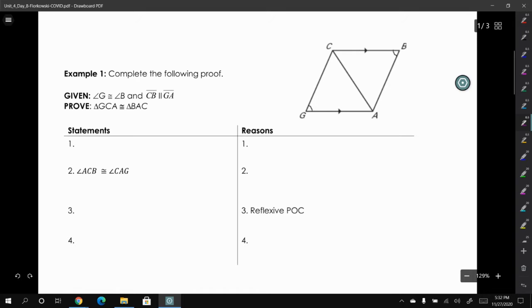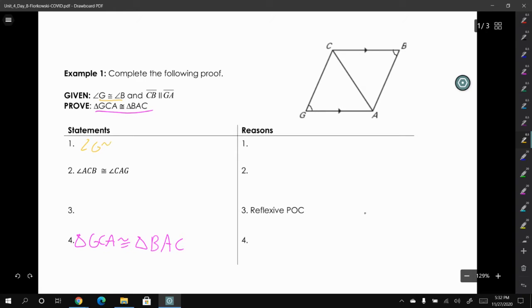So the first proof is we're trying to prove that triangle GCA is congruent to triangle BAC. So remember, that's going to go at the end here. So let's fill that in. And we're also going to fill in what's given.